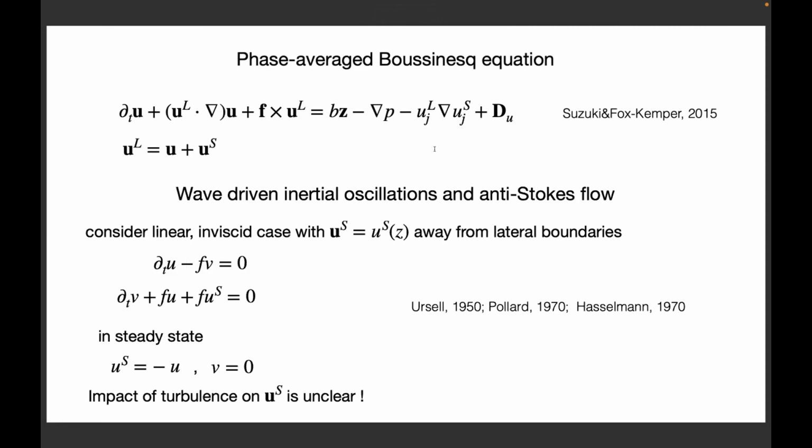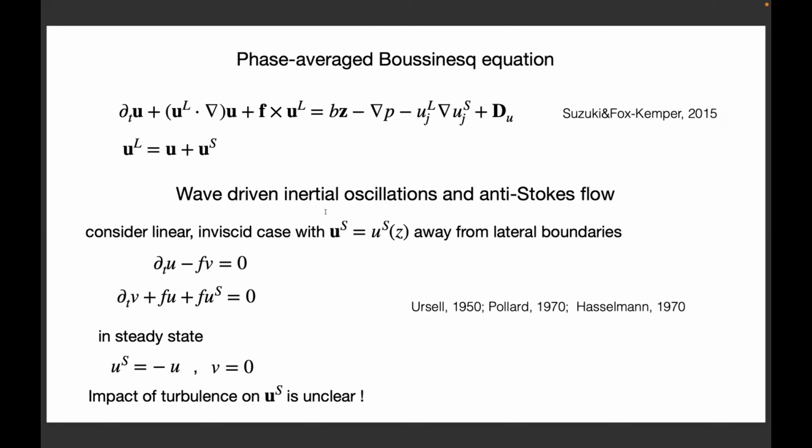Okay, so surface waves drive inertial oscillations and also what is called an anti-Stokes flow. If we consider the above equation in a linear case, and just imagine that the Stokes drift is just a function of z and t, and we only look at zonal Stokes drift, and we are away from lateral boundaries so that no pressure gradient can be established, then the horizontal equations look like this one here.